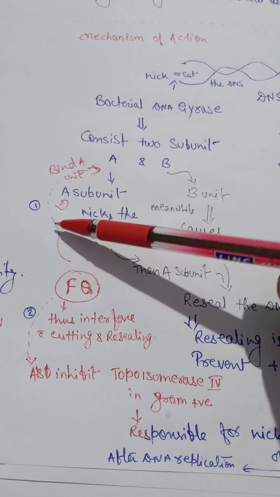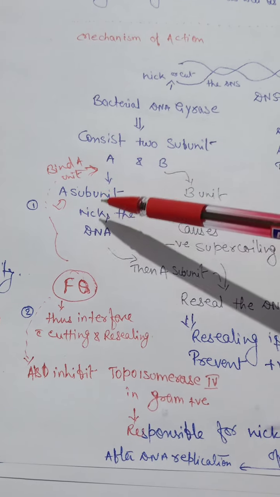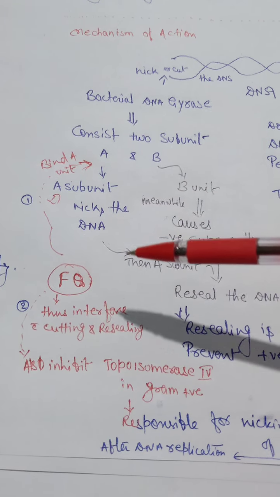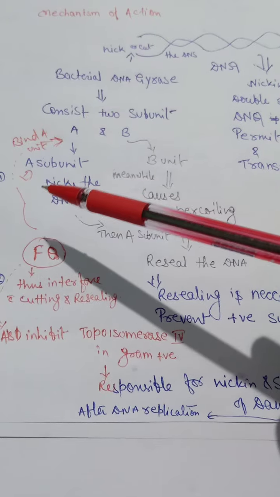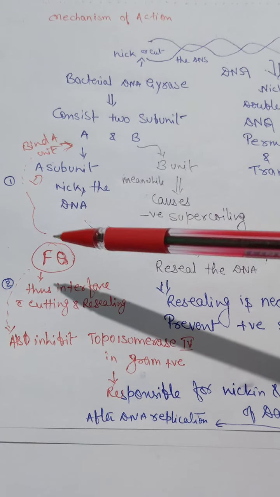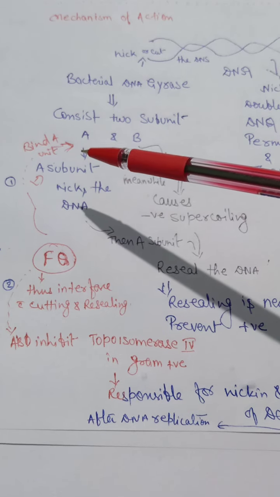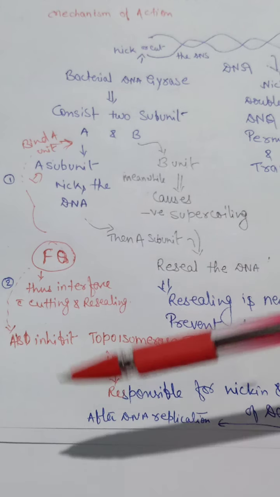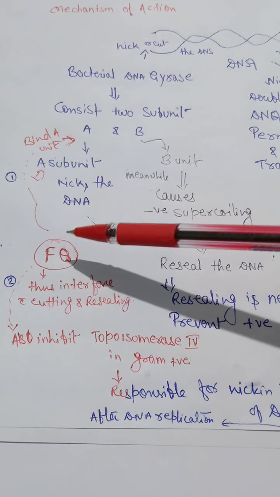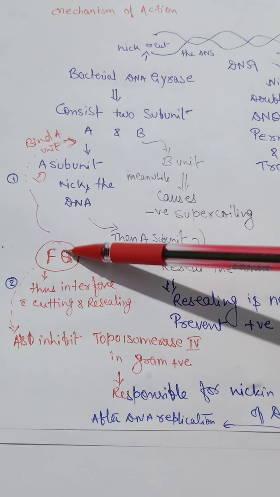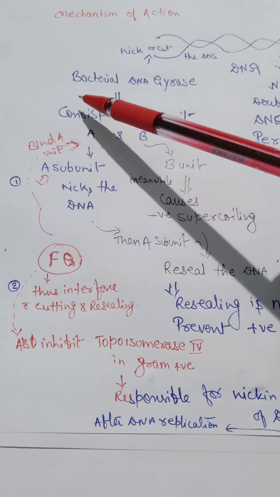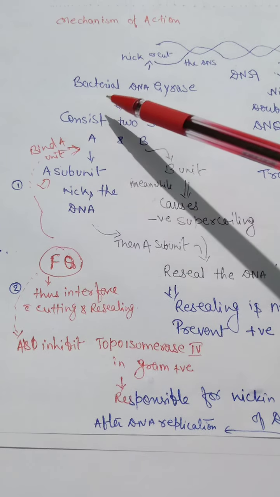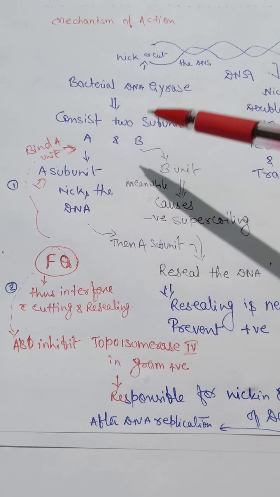As soon as the drug binds and inhibits the A subunit, the further sequence, that is the nicking of the DNA as well as the resealing done by the A subunit, is inhibited. Thus, we can say the mechanism of action in one line: fluoroquinolone drugs inhibit the bacterial DNA gyrase enzyme.